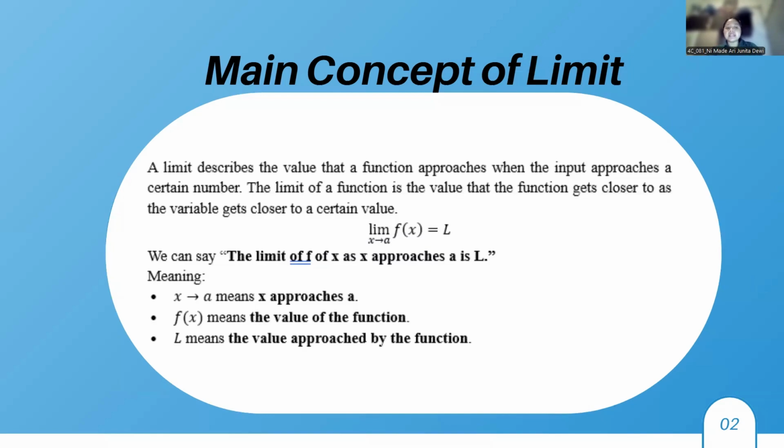The symbol x approaches A. The notation f(x) means the value of the function. And L is the value approached by the function. So this notation tells us that when x gets closer to A, the function f(x) gets closer to L.